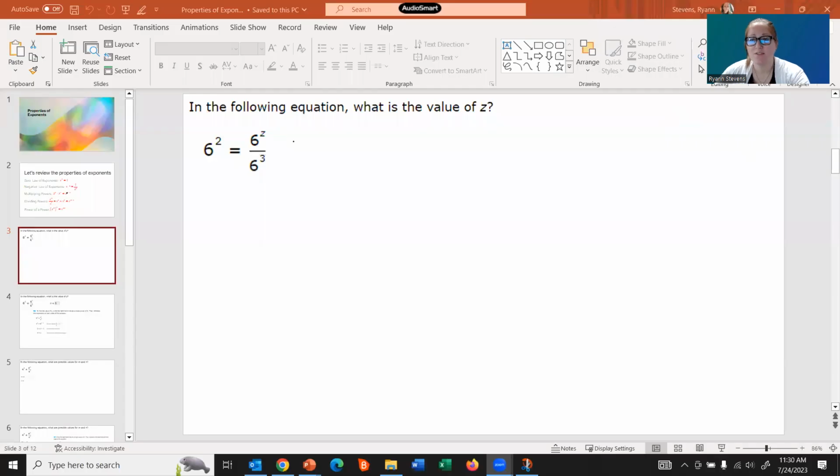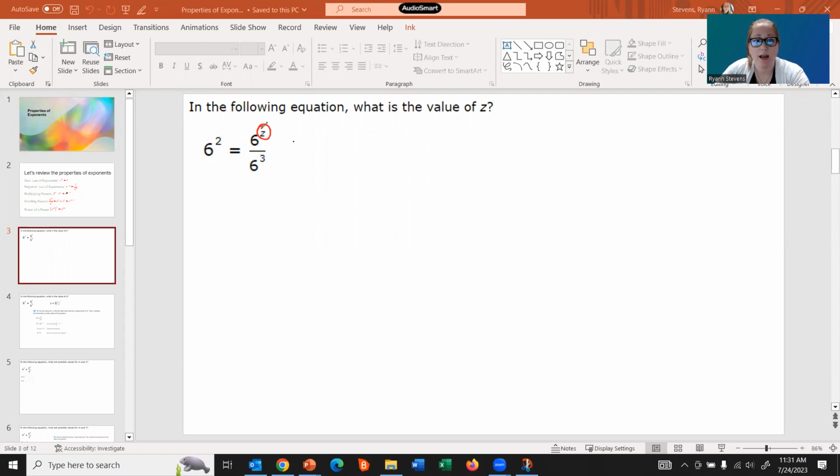So let's take a look at this first example here. This first example says, in the following equation, what is the value of z? And so we can see here that z is this exponent that's attached to the base number of the numerator. We have to think about what our properties of exponents say.